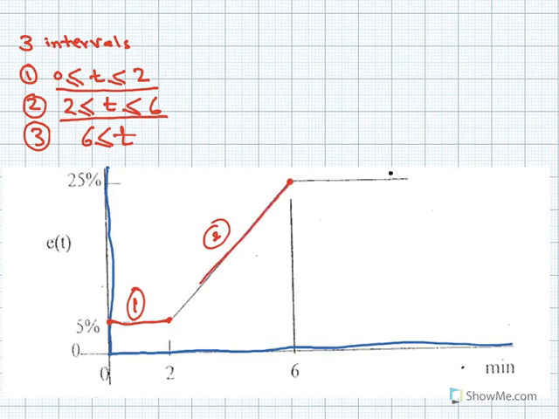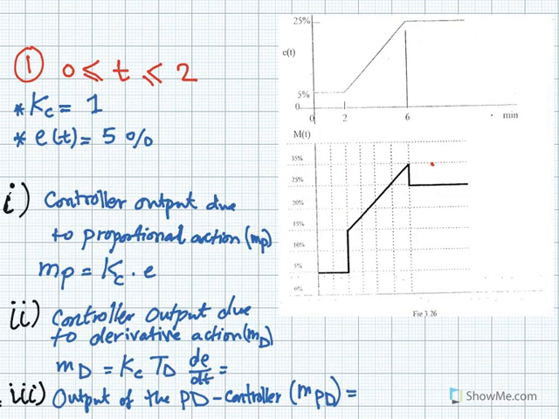So this is the number 2 interval. The third one is when t is greater than 6 minutes. Please pay attention to these intervals and try to find them accurately, because we're going to use them later on sketching the output of the controller.